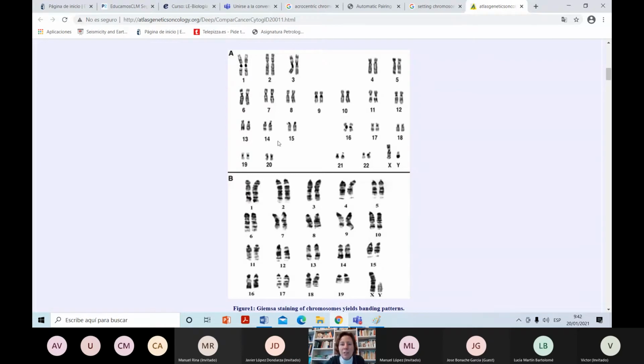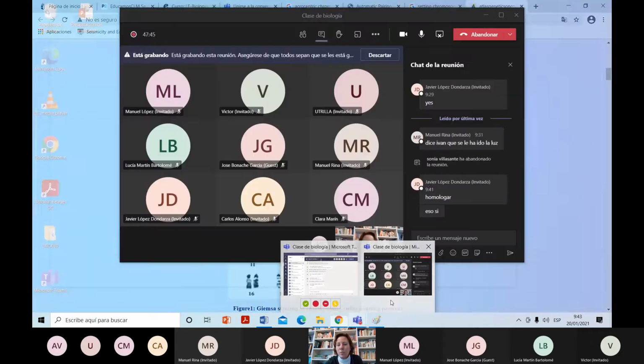But in this case, this is not a pair. Can you see that one of them is bigger than the other one? That's because these chromosomes belong to, does anyone know what's the characteristic of this organism that is coming from this fact that one of these chromosomes is big and the other one is small?